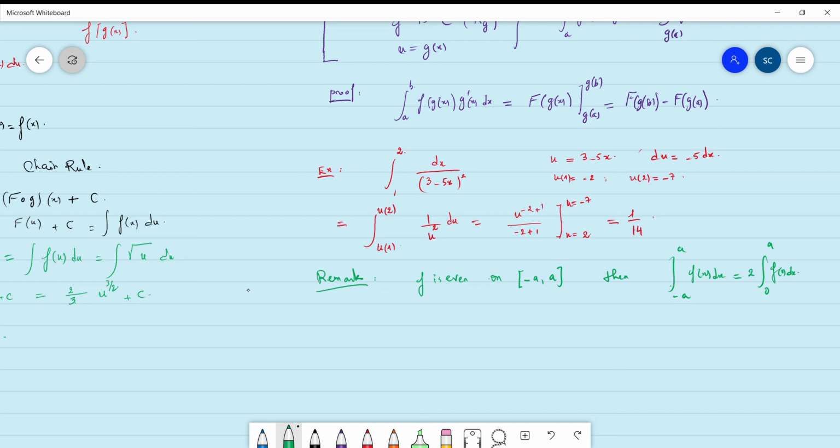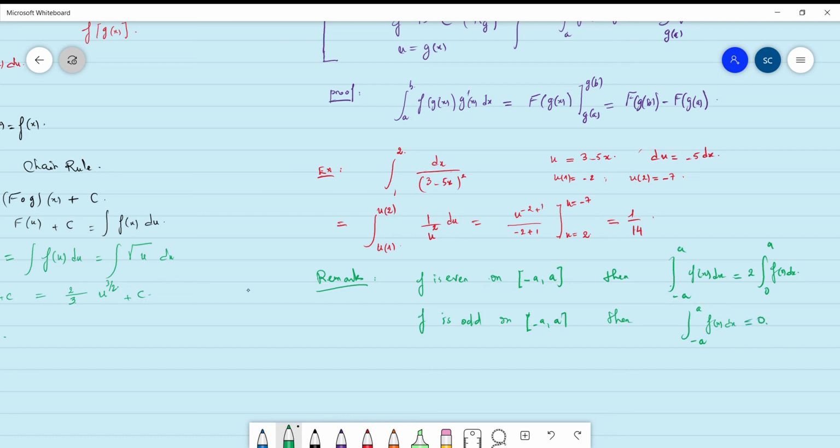If f is odd on the symmetric interval minus a to a, then the integral from minus a to a of f(x) dx will be 0.